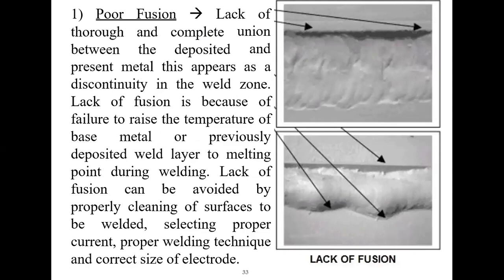This appears as a discontinuity in the weld zone, and lack of fusion is because of failure to raise the temperature of the base metal or previously deposited weld layer to melting point during welding. This is a basic defect that we can see in welding.